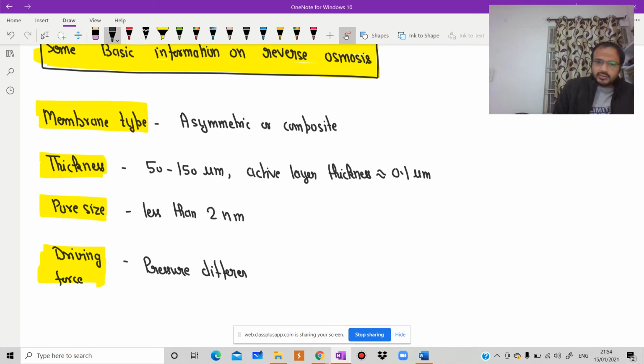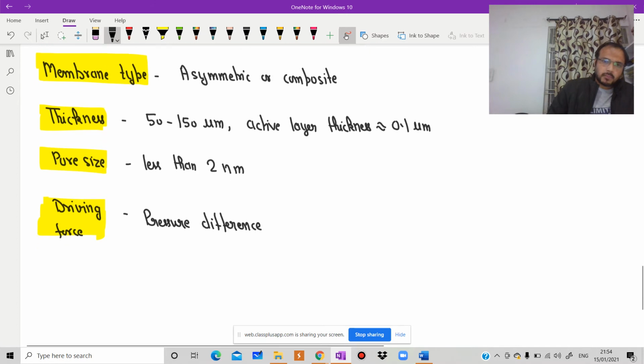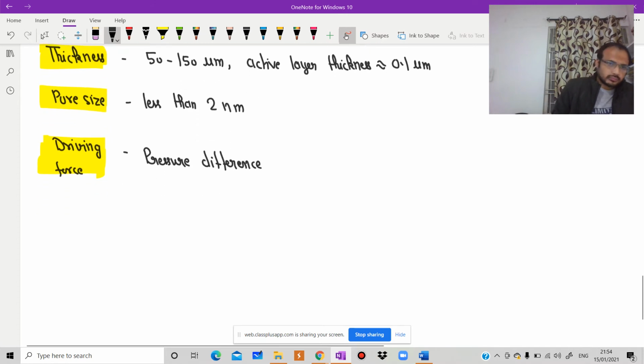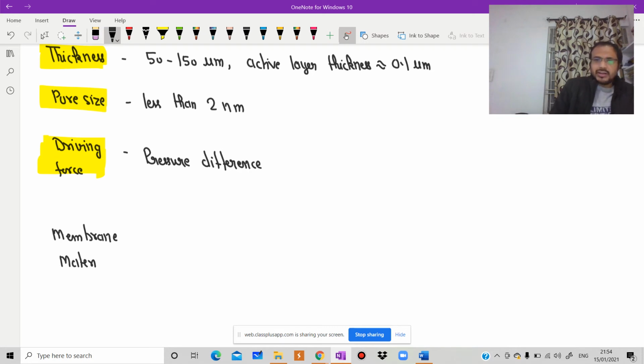Then membrane material. All these are common headings in all the processes, so that it helps for your quick revision.